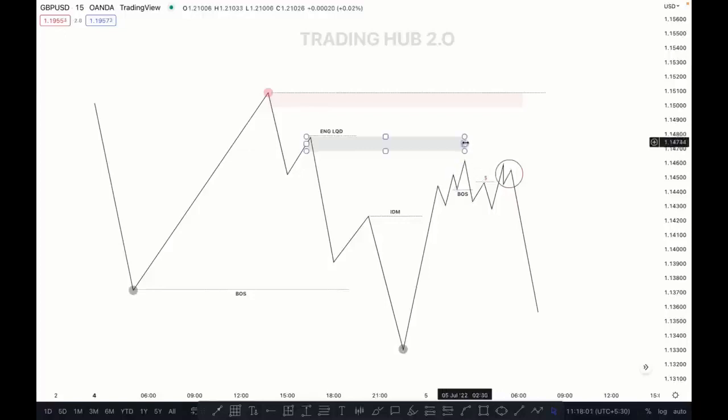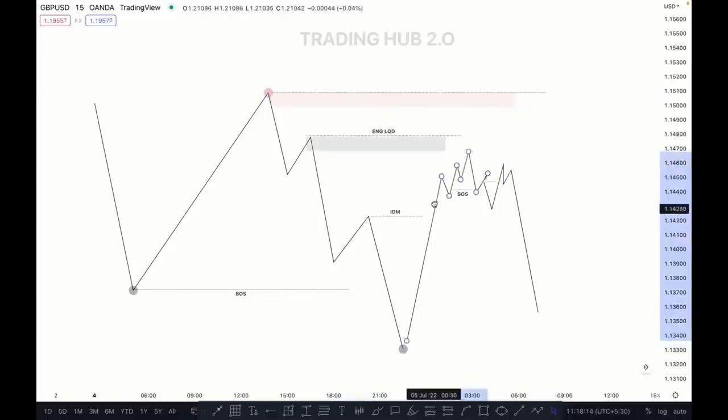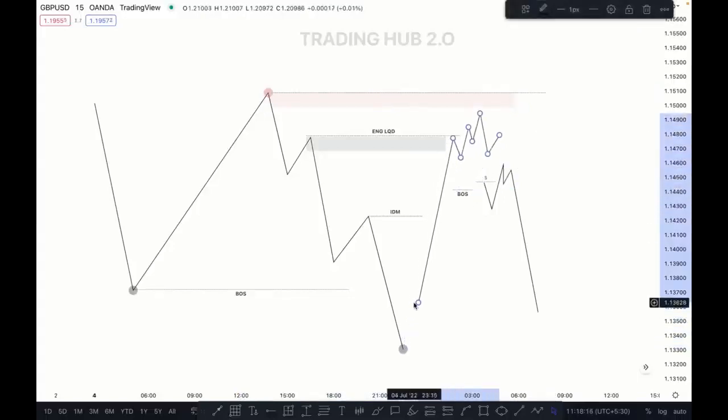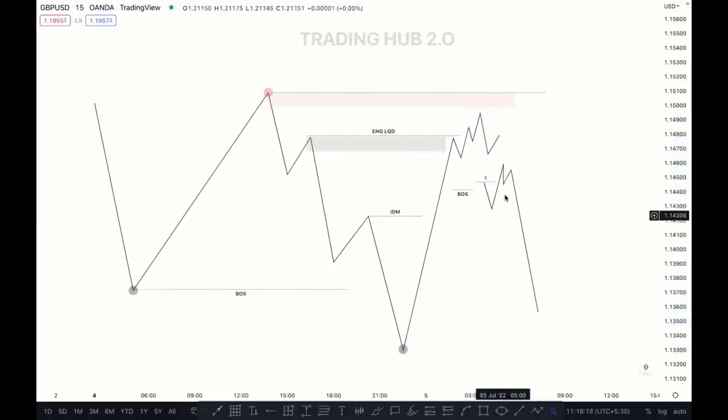Same thing applies here. After taking out this high, which is here, which is the engineering liquidity, if the market wants to go downside and the supply zone is here, okay, then what criteria should you follow? The same thing will apply here, like this, correct?